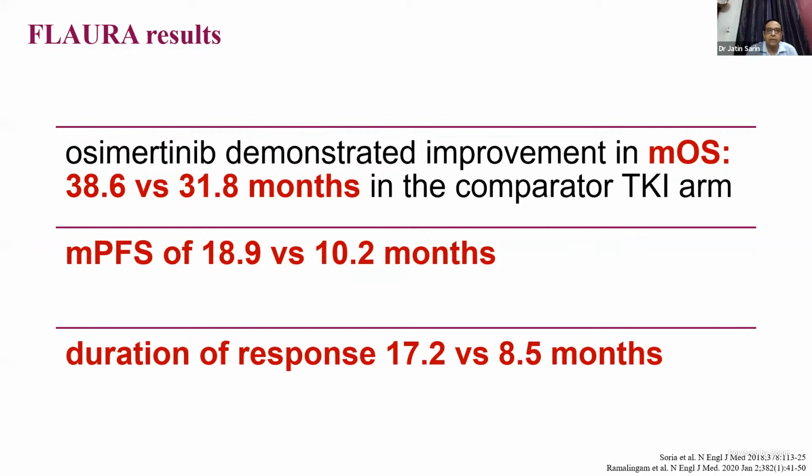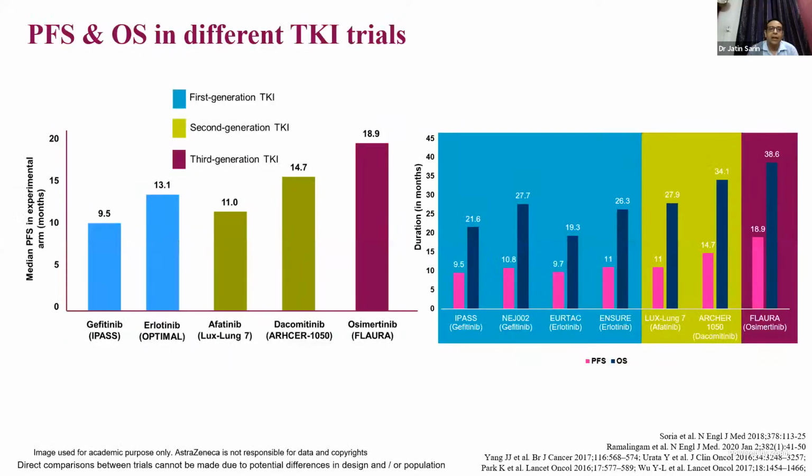Osimertinib demonstrated improvement in median OS and median PFS, unprecedented median overall survival, unprecedented median progression-free survival, and duration of response was also unprecedented.